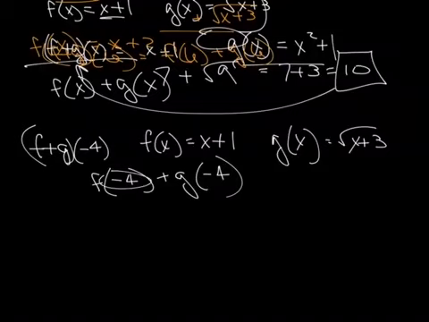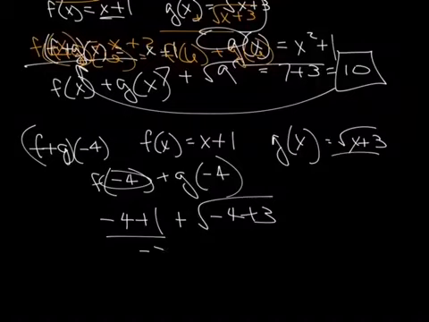Okay, so we're going to put negative 4 in here for x, and we're going to put negative 4 in there for x. So I get negative 3 plus square root of negative 1.